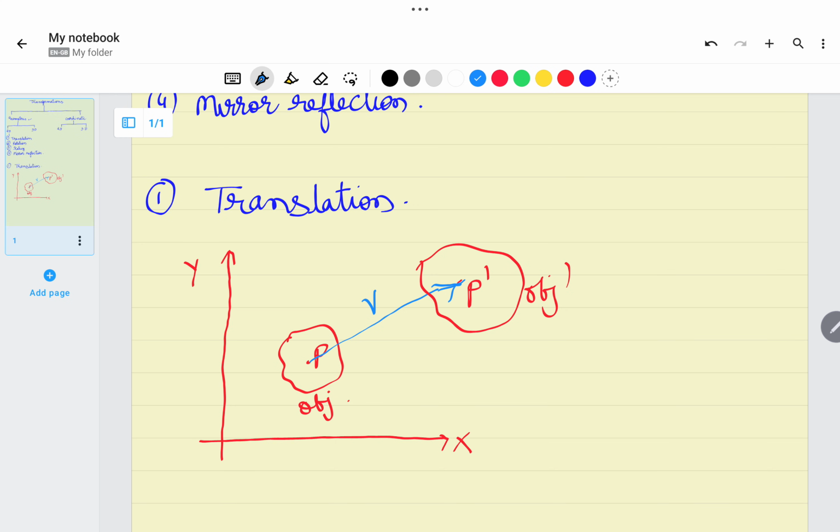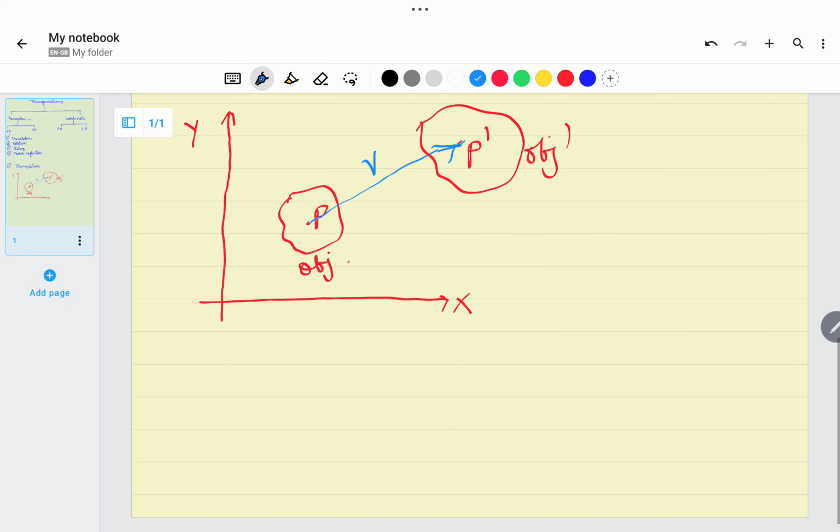This is translation. The vector v is given by tx i plus ty j.